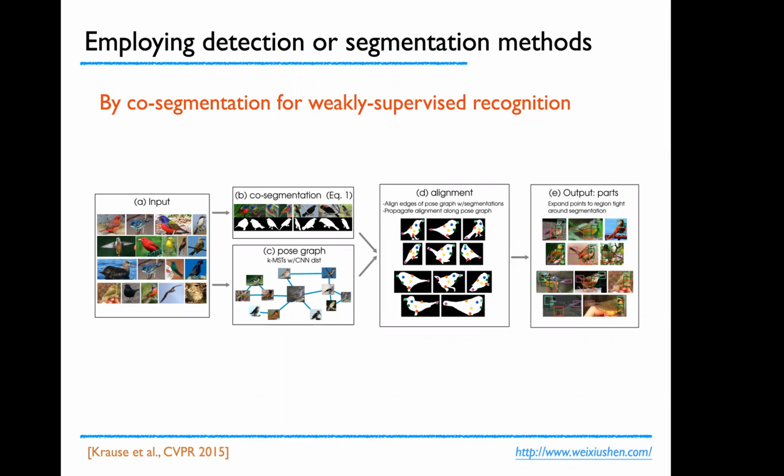Now we can get the aligned fine-grained parts, and based on these obtained parts, we get a whole object representation as well as a global level image representation.